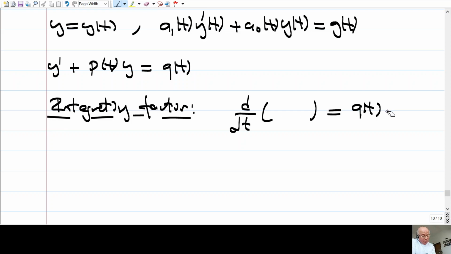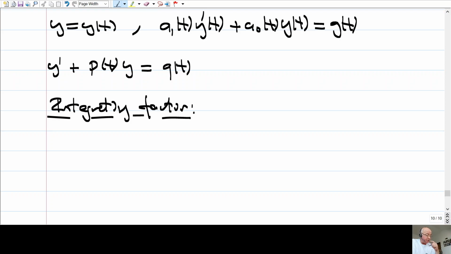Here, of course, this part y prime plus p(t)y doesn't have to be the derivative of something. But we can try to change this equation so that the left hand side becomes the derivative of something.